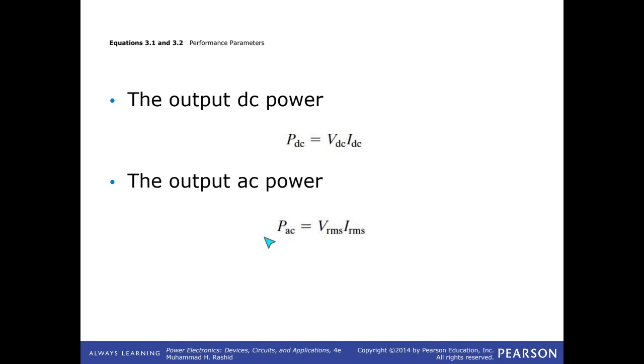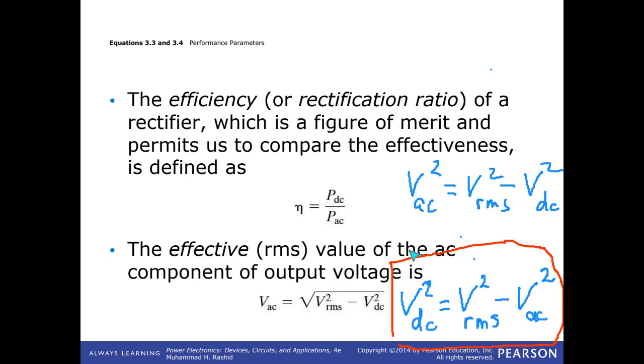Sadece AC komponentinin power değil. RMS. Current RMS and voltage RMS. However, the relationship between RMS minus AC component is giving you DC. Or otherwise, the RMS minus DC de AC'yi veriyor.